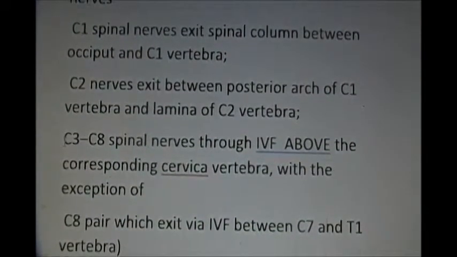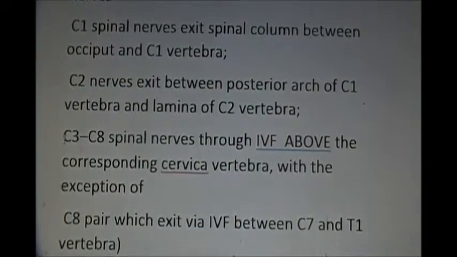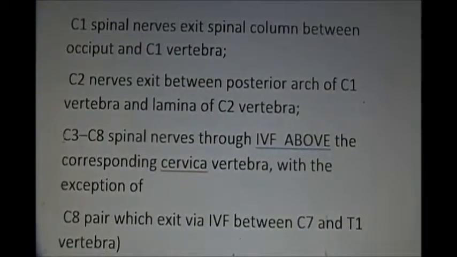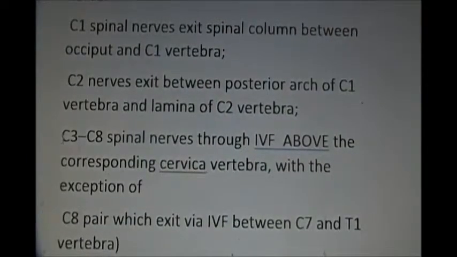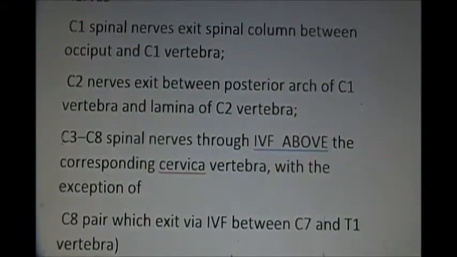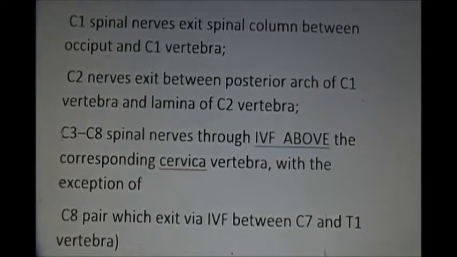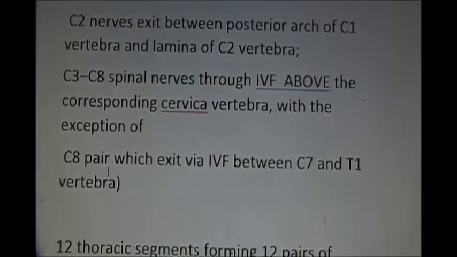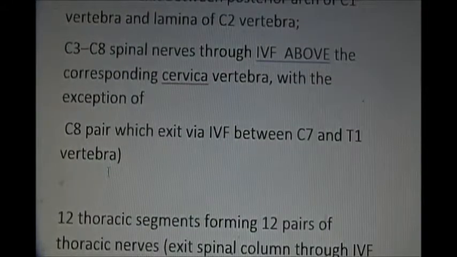The rest of the cervical nerves arise above the corresponding cervical vertebrae. This is important because the other nerves, the thoracic and lumbar nerves, arise below the corresponding vertebrae. So these are the cervical nerves, C3 to C8, they arise above the corresponding cervical vertebra.